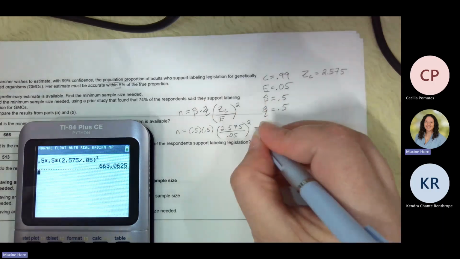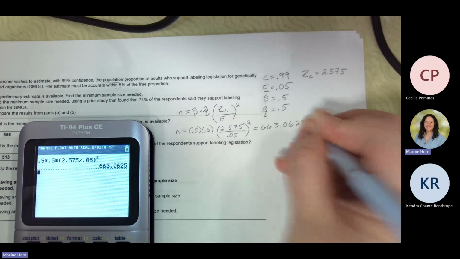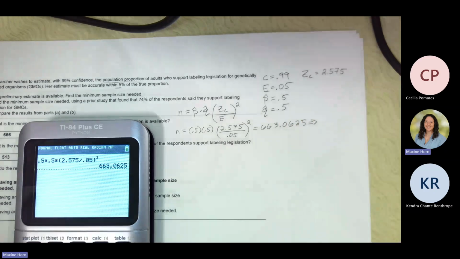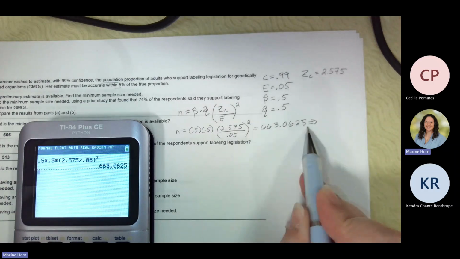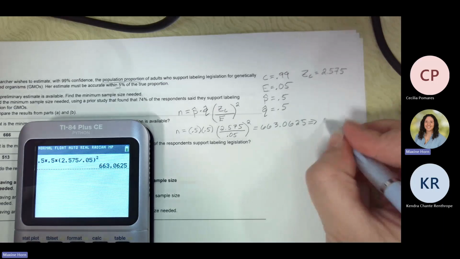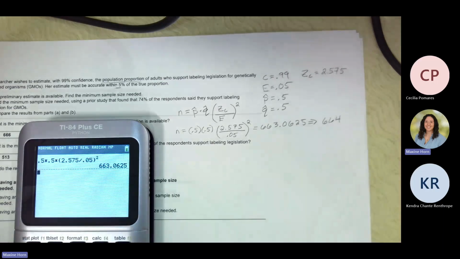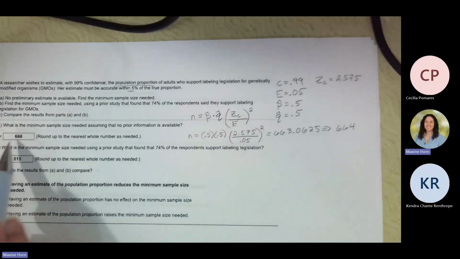So we get 663.0625, but remember, I cannot have 0.0625 of a person, and since this is the bare minimum needed, I cannot go down to 663, so I have to go up to 664. So you'll notice for this particular one, they have 666.